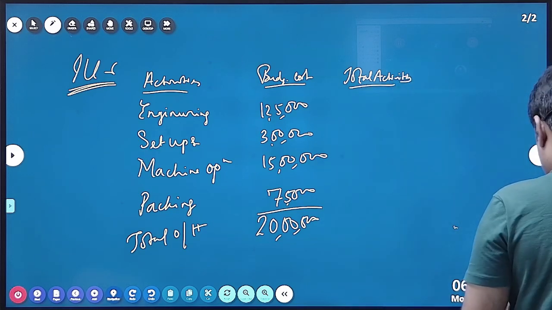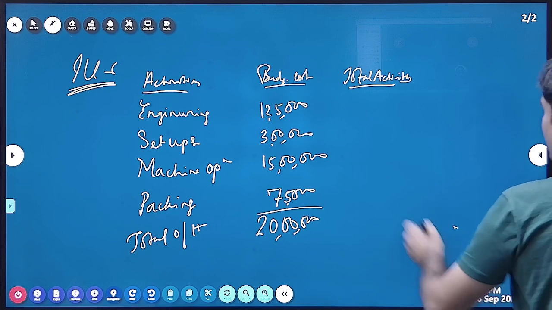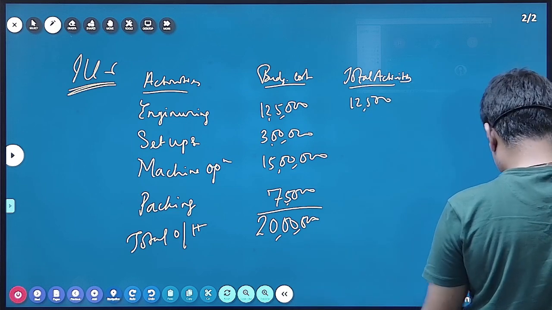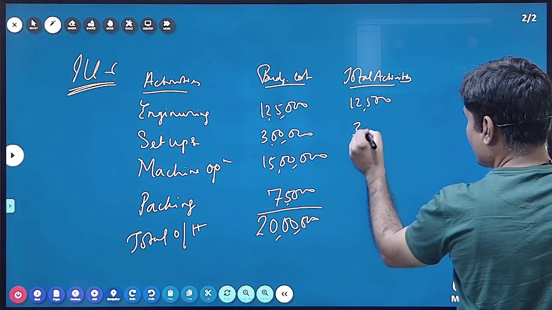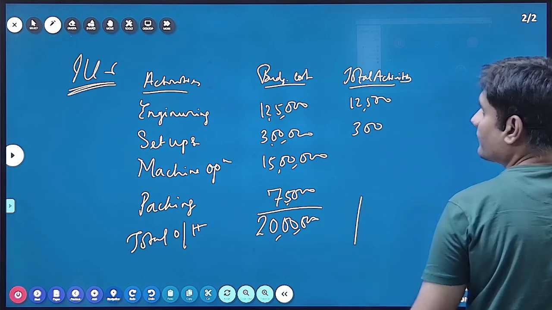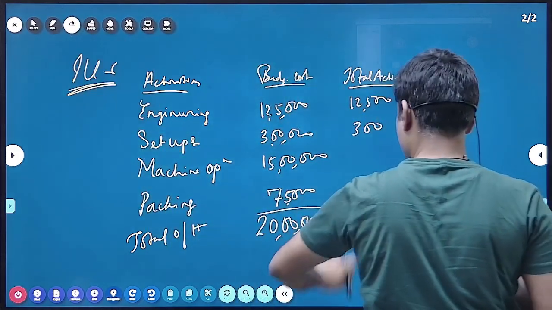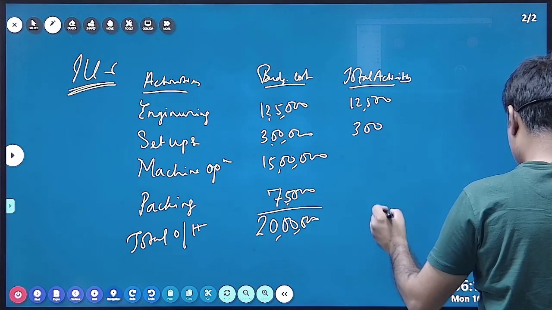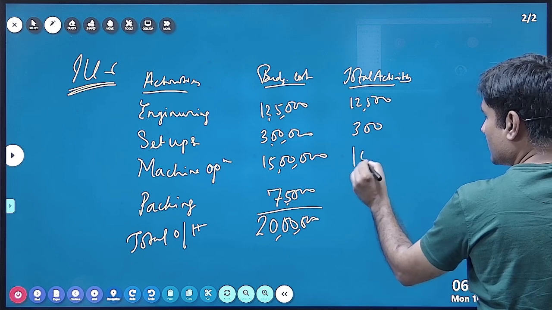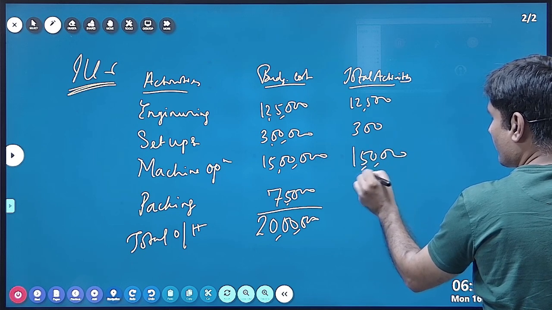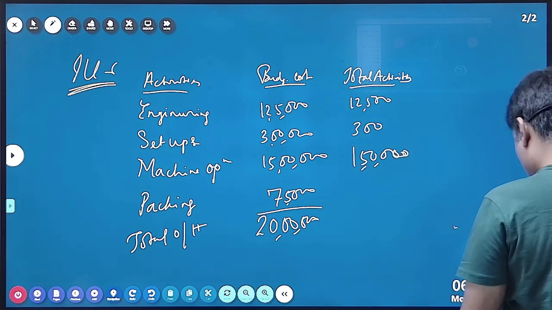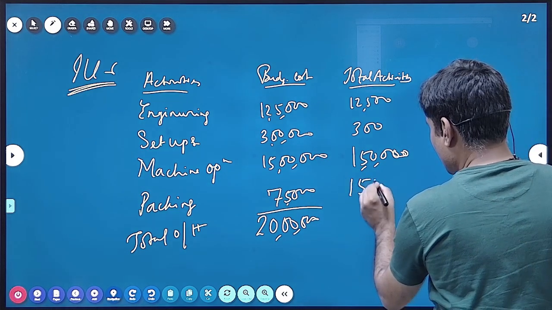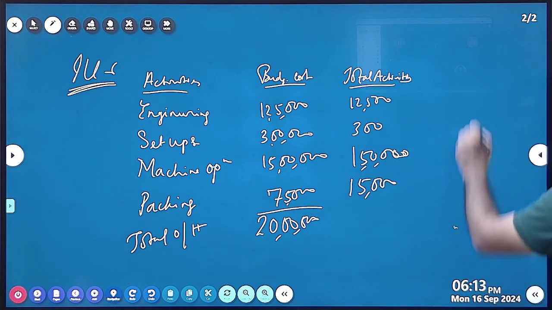Total activities for engineering, what they have given engineering hours, it is 12,500. For setup they have given number of setups, it is 300. Machine hours 1,50,000. Then packing orders, number of packing orders is 15,000. So what will be the cost per activity?